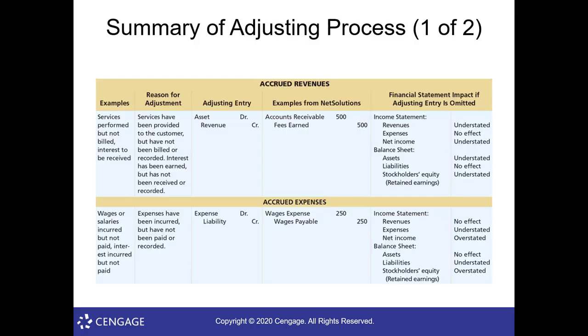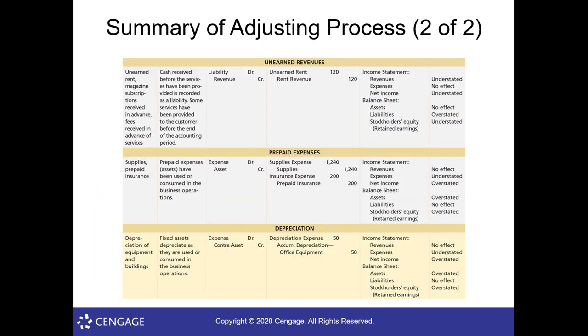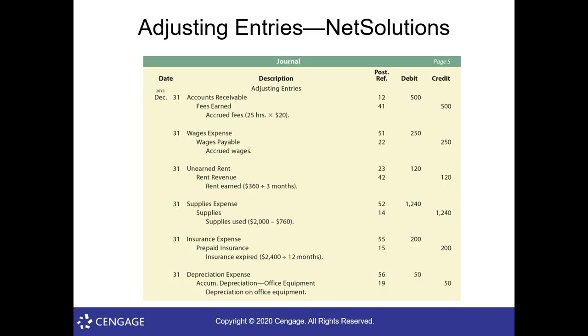So the adjusting process is that we have accrued revenue and expenses. These are items that no cash has changed hands. And then we have deferred revenue and expenses. And this includes the depreciation on fixed assets. So here's a summary of all of the adjustments that were made at the end of the period.